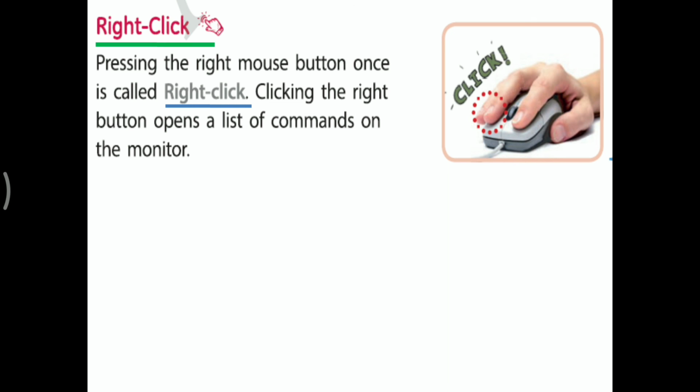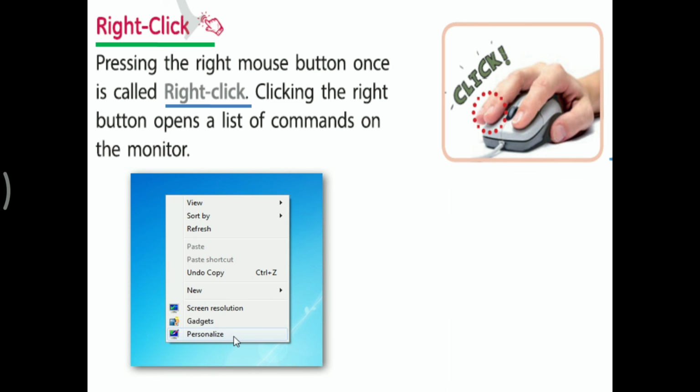Clicking the right button opens a list of commands on the monitor. Students, it means when you right click on a blank area on the monitor, this type of context menu will appear. This kind of list of commands will be presented on the monitor.